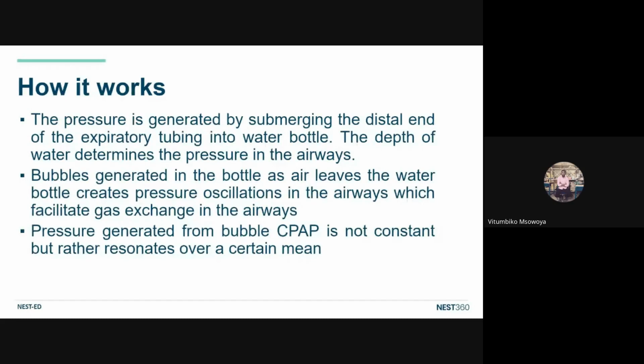If we increase the height of the level of water, it means we're increasing pressure in the system. Bubbles are generated because air is passing through the water. That creates pressure oscillations in the airway, which facilitate gas exchange. So the pressure generated from a bubble CPAP is not constant, it varies, but rather resonates over certain means and at different instances.